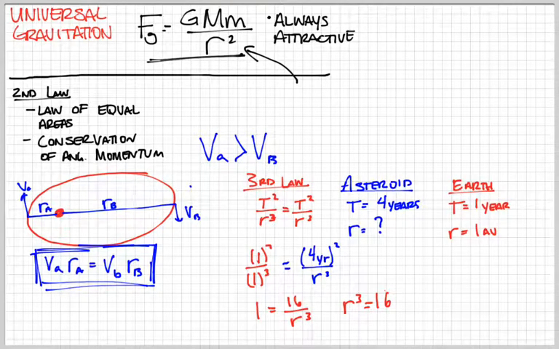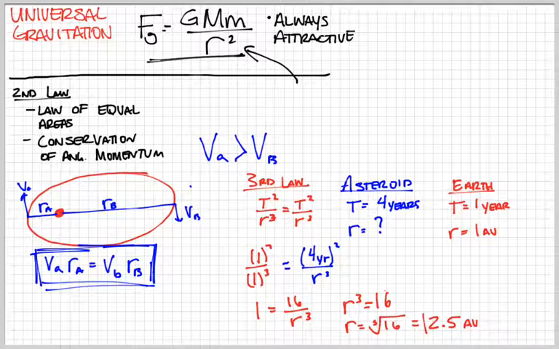When we put that into the calculator and find the cube root button, because really that's the only way to do this unless it's a nice number, this one doesn't happen to be a nice number, we see that r is the cube root of 16, plug that in, and the radius comes out to be roughly 2.5 astronomical units. So this asteroid is 2.5 times farther away from the sun than we are.